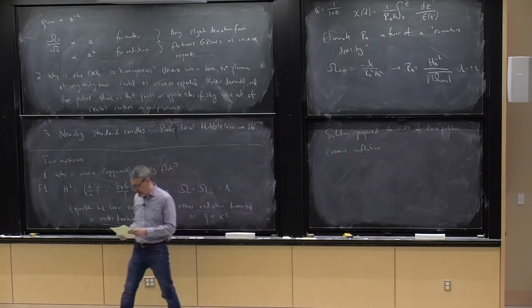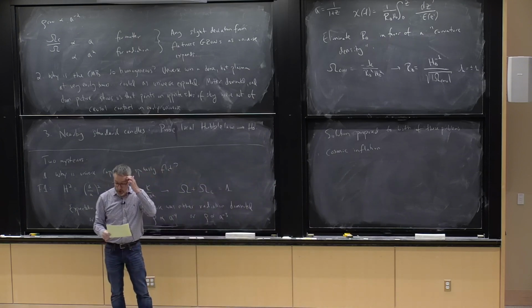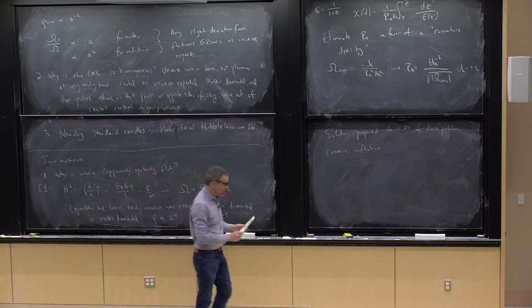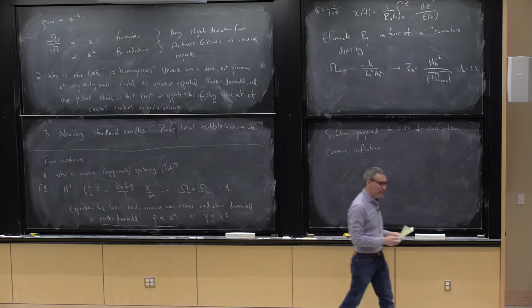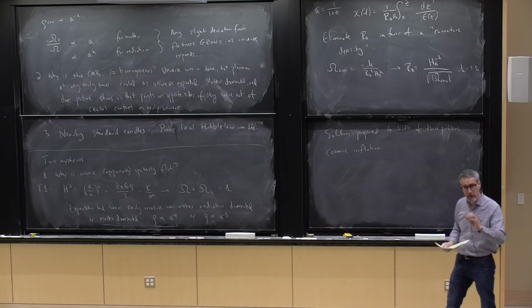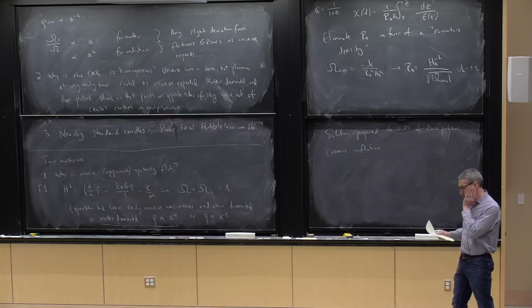So what you do is imagine that at some earlier moment in the universe, our universe was filled with some strange field, and I'll describe the properties of that field in just a moment, such that it acted like it had a cosmological constant.